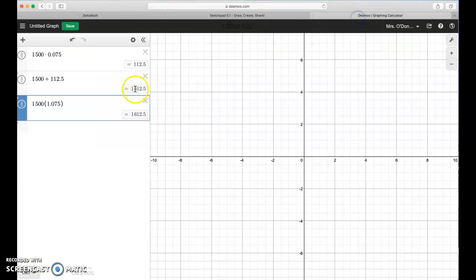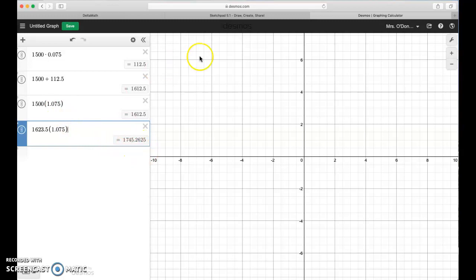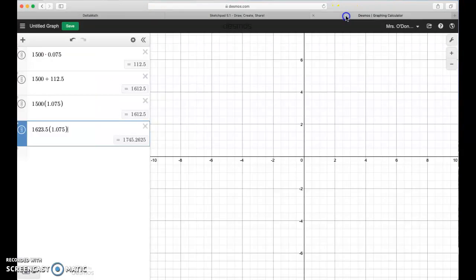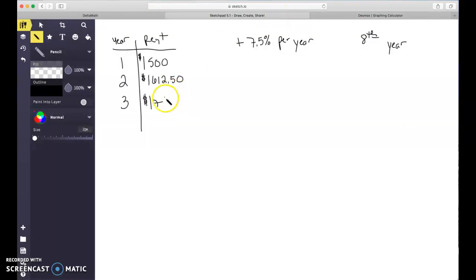We're going to take that $1,612.50 and multiply it by 1.075, which gives us $1,745.26. And we could keep going like that, recursively, until we figure out the 8th term.